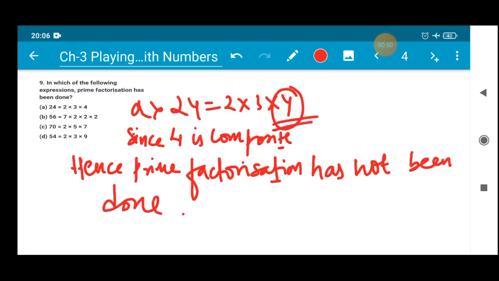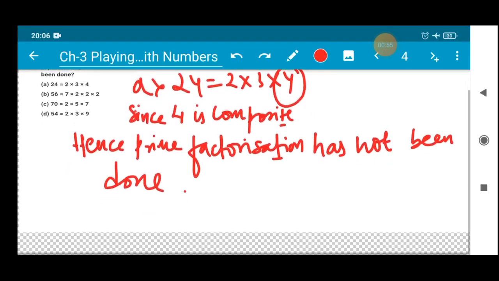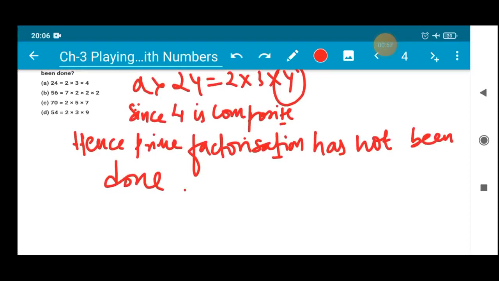Why? Because 4 is still in a composite form. So each number should be expressed in its prime form.